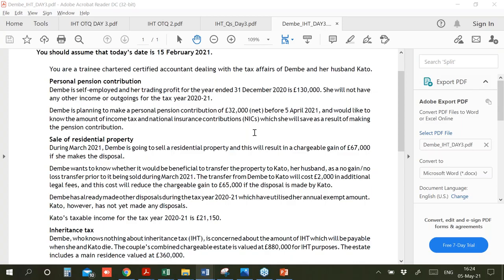So there are two types of savings that Dembe will be able to make. One is that 40,000 of the income will be taxed at 20% rather than 40%, and the other is that she'll be saving 40% on 12,500. Now, let me open the spreadsheet and start solving this question with you, so you should know how to present it on the spreadsheet.